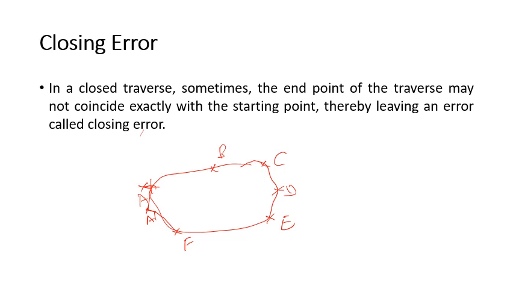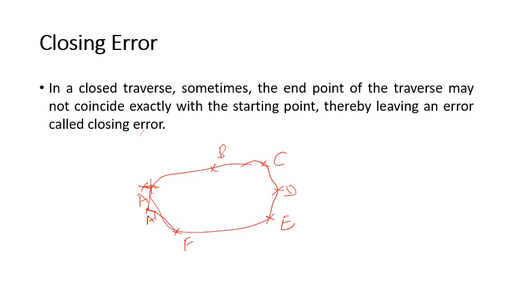This A dash has to actually be at A, but we are not getting a closing of the diagram. That is called a closing error. So the end point of the traverse may not coincide exactly with the starting point. Thereby, there is an error left over, and that error is called a closing error.